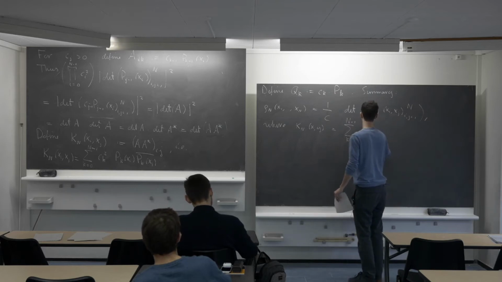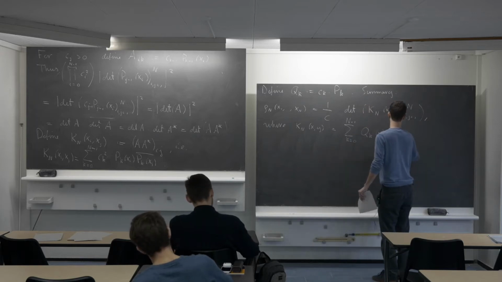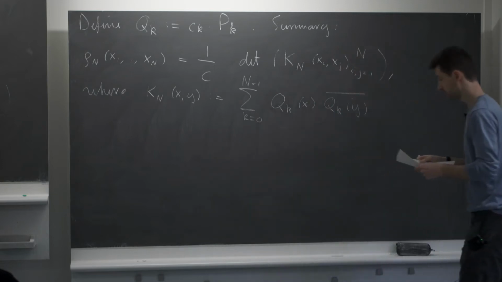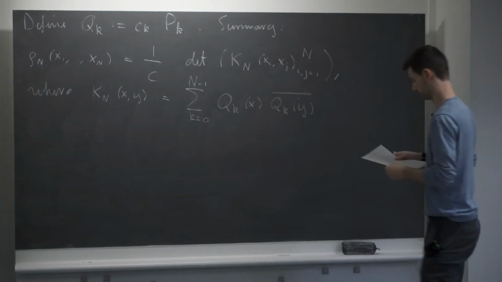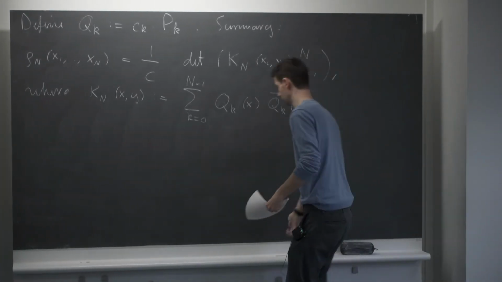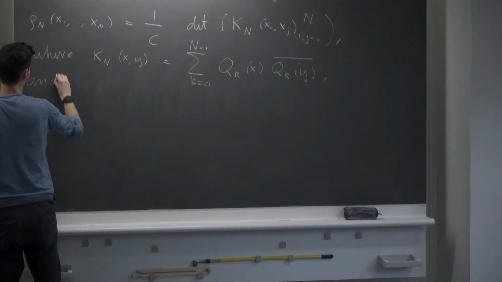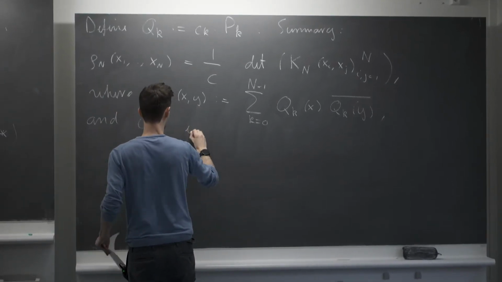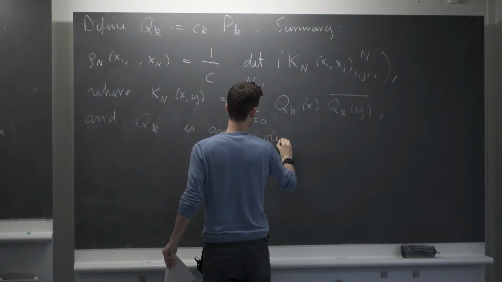So I have qk of x and qk of y complex conjugate. So these polynomials can be complex, right? So everything can be complex now. And qk is any polynomial.